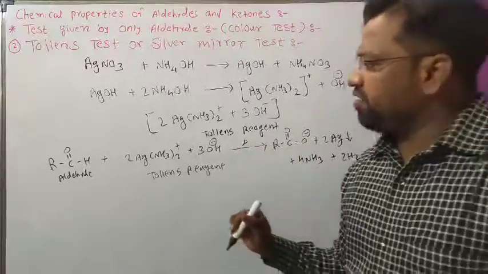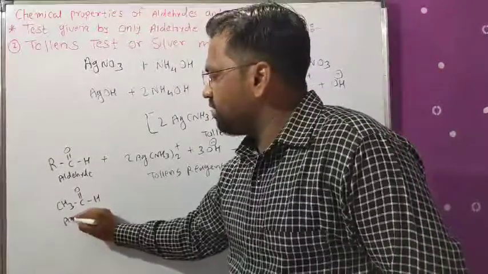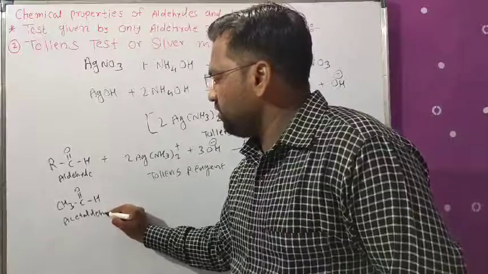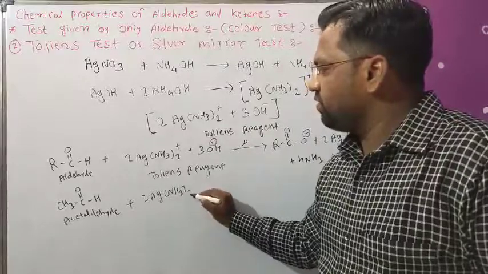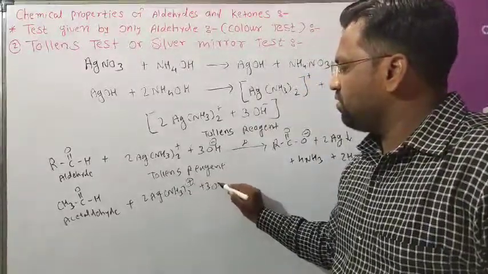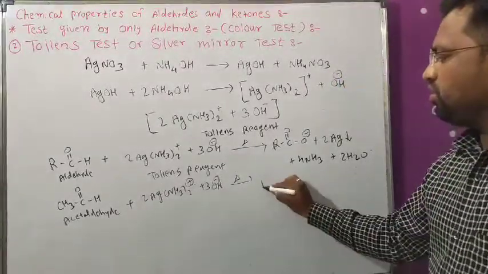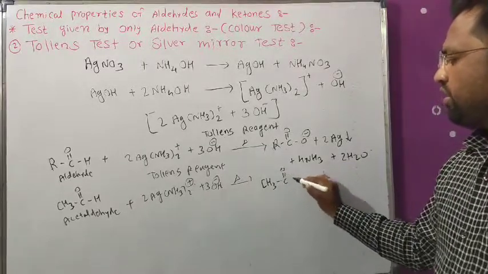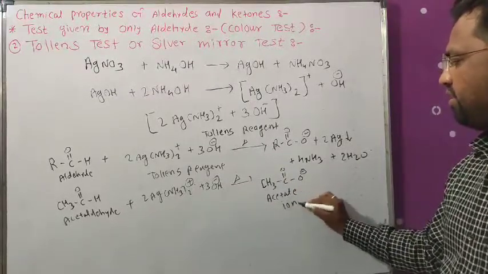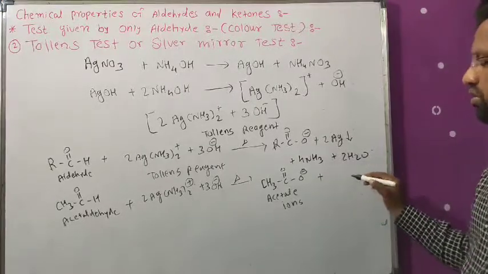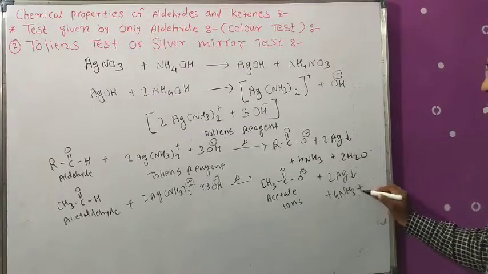We take one example also, when acetaldehyde is reacted with Tollens reagent, or heated or boiled with the Tollens reagent, it gives the acetate ion compound, plus we get the silver mirror, that is 2Ag plus 4NH3 plus twice H2O.